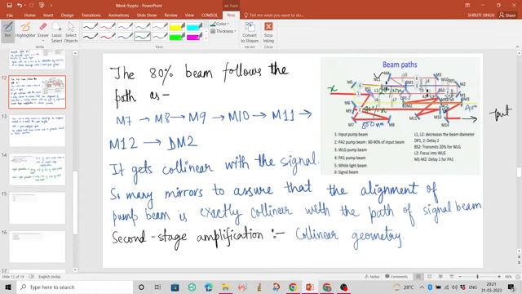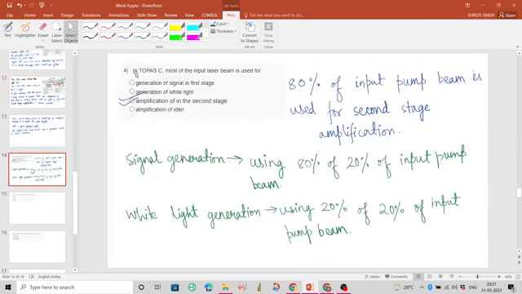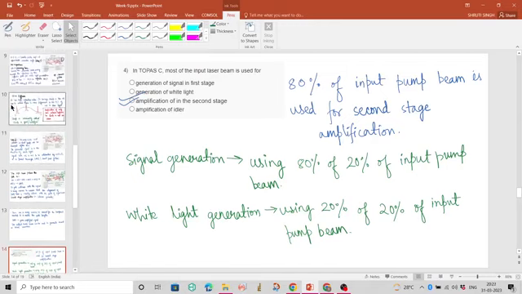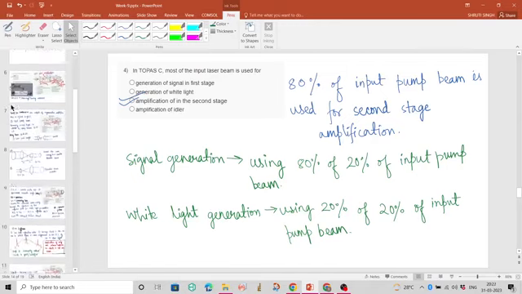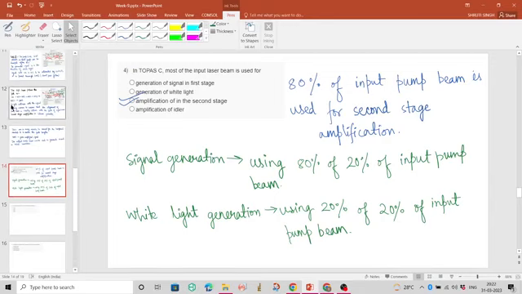So here 20% of 20% x goes here, and this part of the beam is 80% of 20% x. Okay, so this is what I wrote here. So I hope the question and the instrumentation of the TOPAS is clear now. Most of the input laser beam is used for amplification in the second stage and not elsewhere. So we spent so much time in discussion of the instrumentation. Let's see the next question.